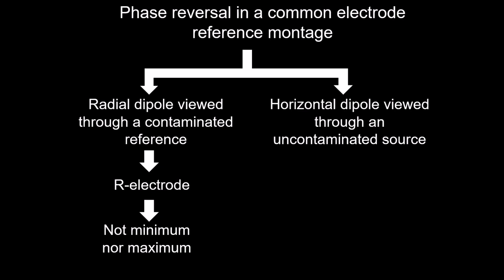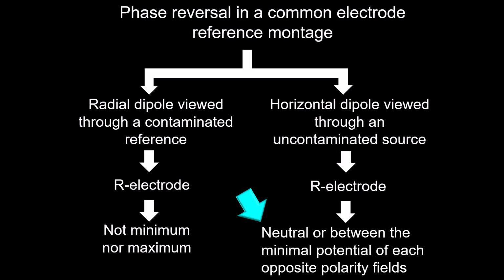The other possibility is that we may be dealing with a horizontal dipole viewed from a non-contaminated source. So in this case, the common reference electrode is either neutral or at least it is between the minimal potential of each opposite polarity field. I will give you an example with the hope that it will become clearer.